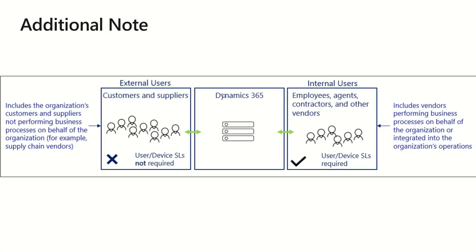Now, I add an additional note before we continue with this, because they didn't mention anything yet about subscription types. You need to know this first, because you need the licensing for your internal user. Imagine this is your Dynamics 365 Business Central.